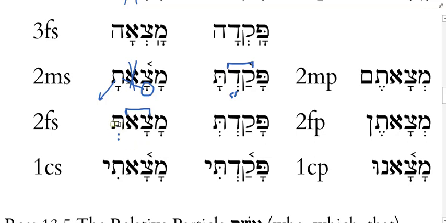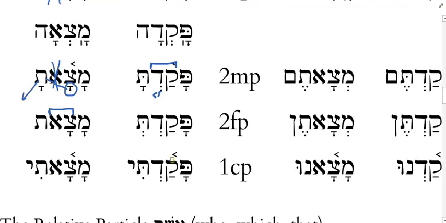And when there's no dagesh lene here, the silent shewa will not be written. It's pronounced as if it were there because you don't pronounce the silent shewa anyway, right? But it's spelled a little bit differently. So matzat is you found, woman. Okay? And then paqadti, I visited, and matzati, I found. So you see how we're just always going to lose that dagesh lene, and there's no vowel pointing under the aleph because it is quiescent.